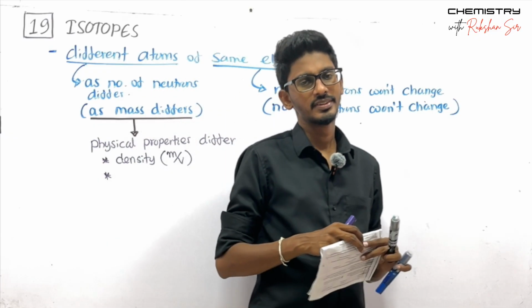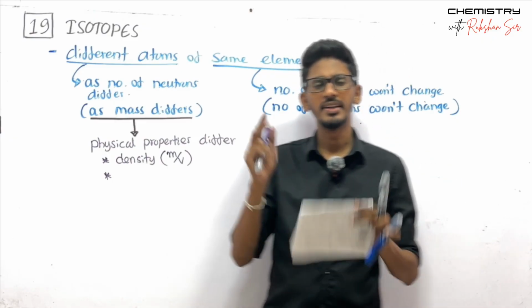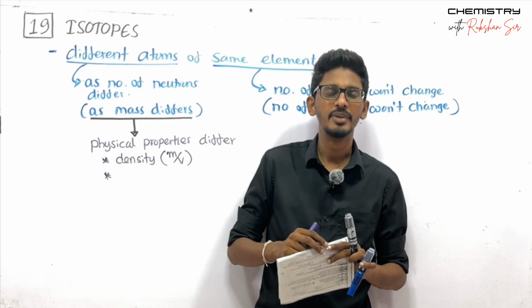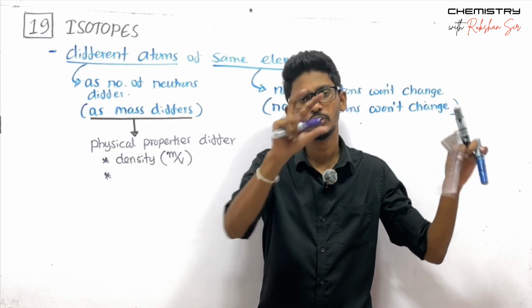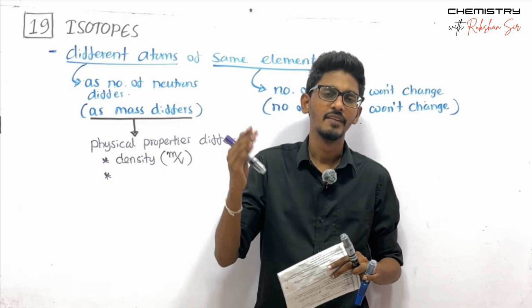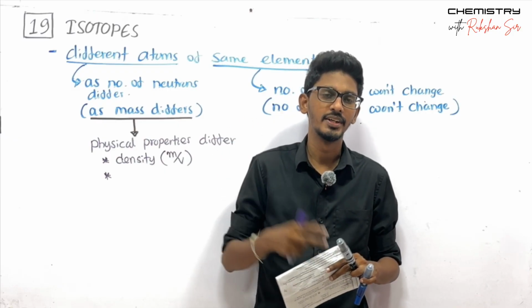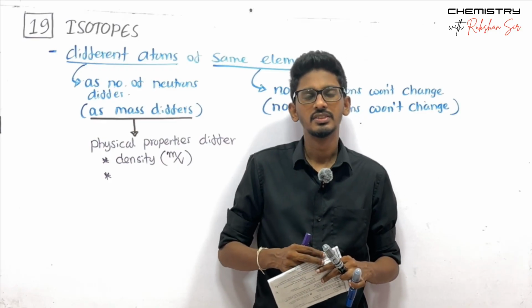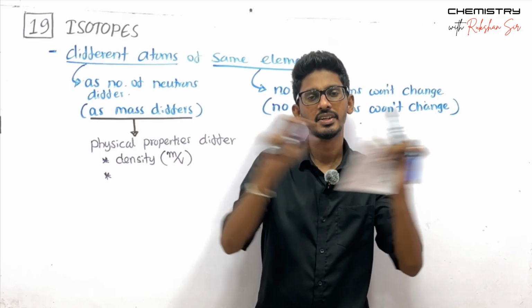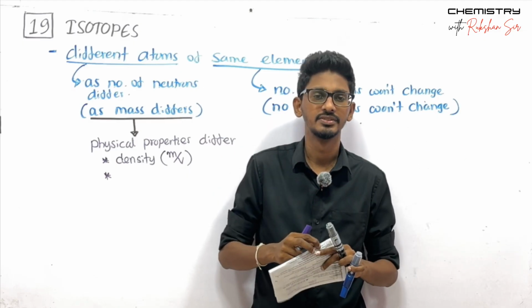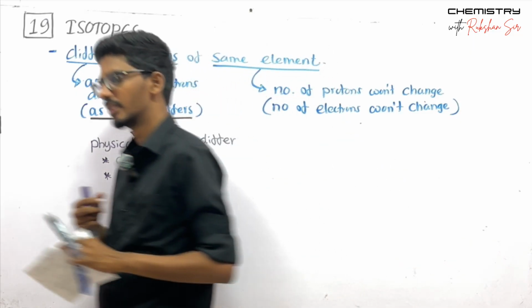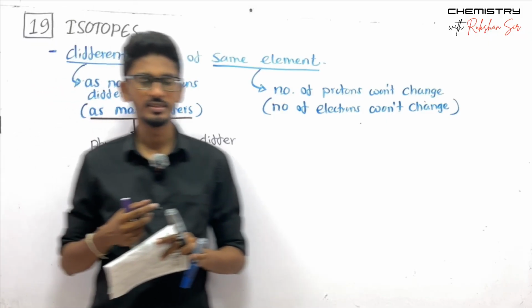There what happens? In a solid the particles are very closely packed. In a liquid, there is some space between the particles. In a gas, more space between particles. So when melting or boiling is done, what you are doing is actually putting the particles apart from each other. So for that, mass matters.